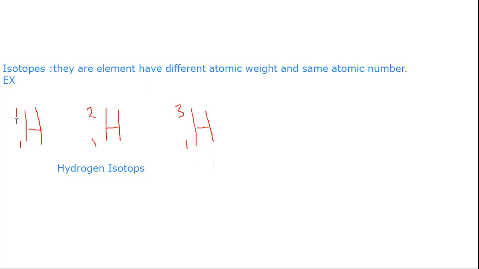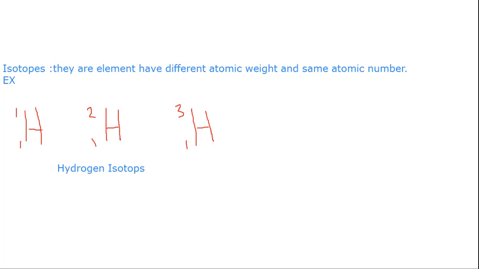So what's meant by isotopes, Hussein? They are elements that have different atomic weight and the same atomic number.